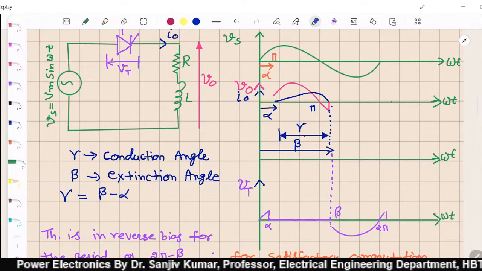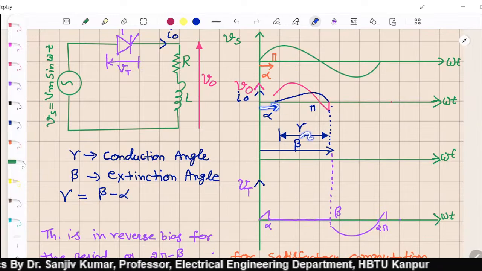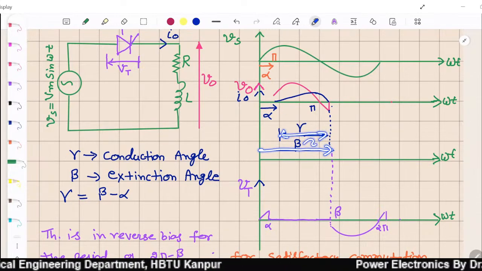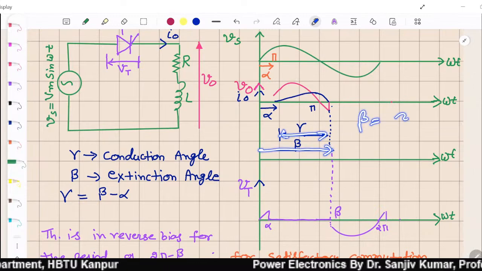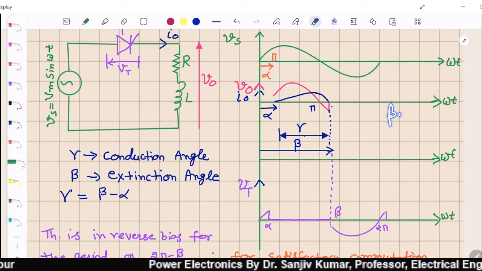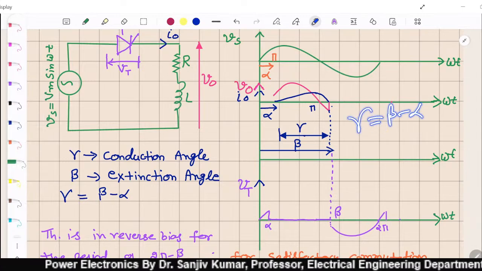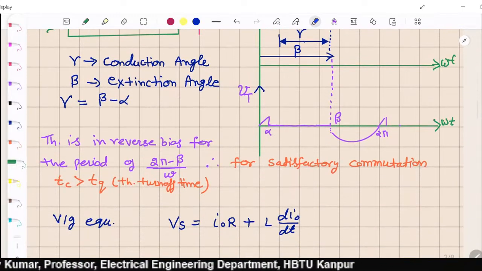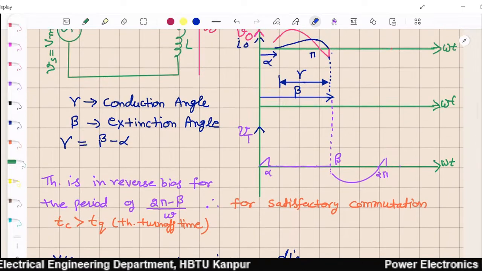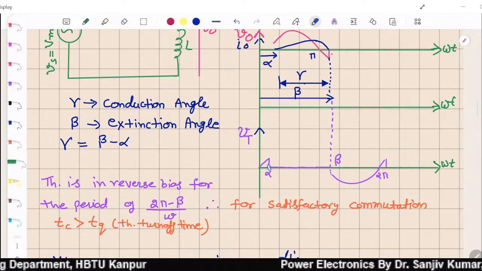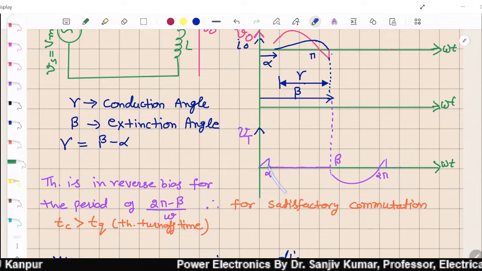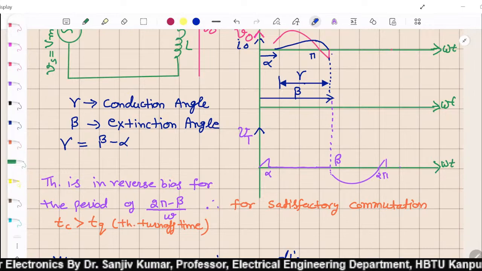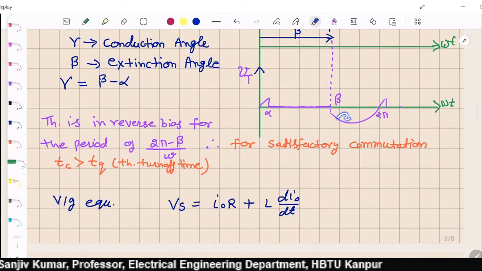So this angle is alpha, this angle is beta, and this is gamma. Gamma is beta minus alpha. Right? Here you can see. Now, one thing you should notice, our thyristor is in reverse bias for the duration, how much?